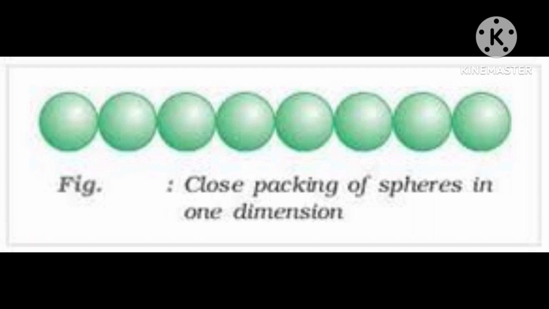Thus, in one-dimensional closed packed arrangement, the coordination number is 2. One in the front, the other in the back. Only 2 neighbors are there, so this 2 is the coordination number.